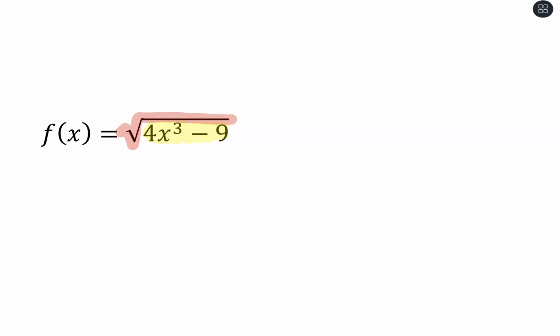And in fact, I'm even going to rewrite this as 4x cubed minus 9, and then having this exponent of 1/2, so that you can really see this exponent on the outside of everything, and our function that's inside is the 4x cubed minus 9.